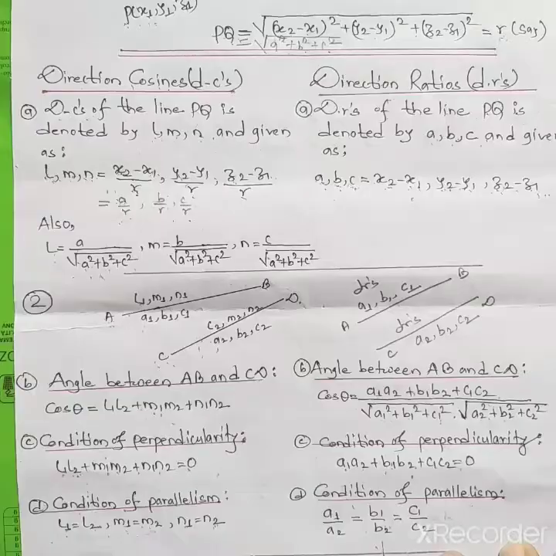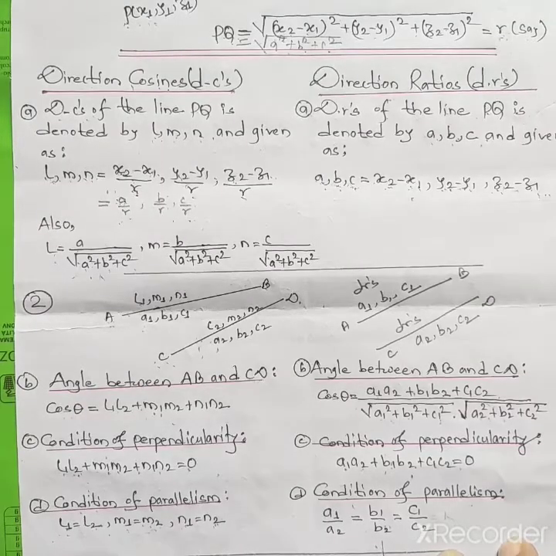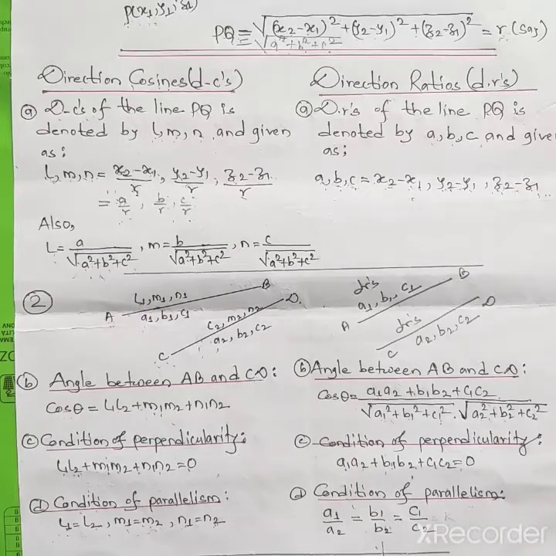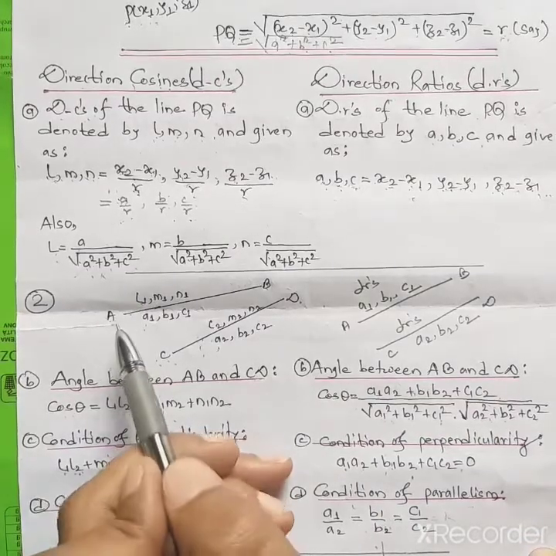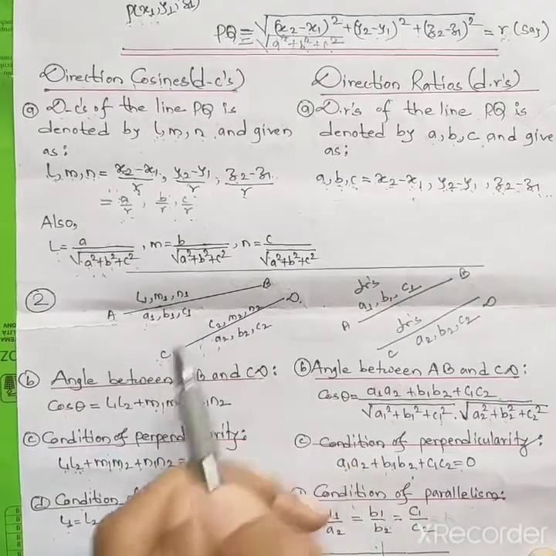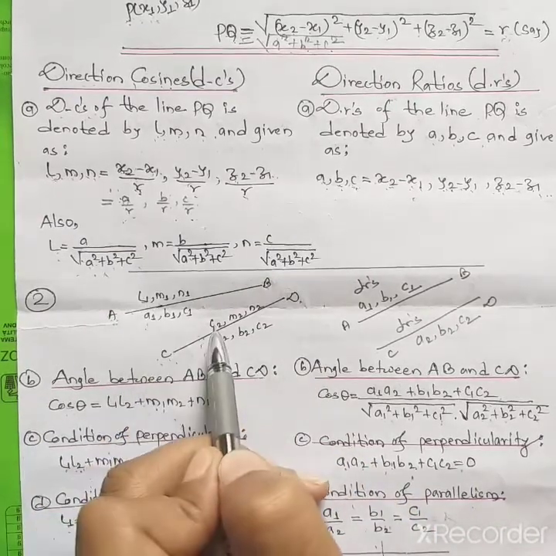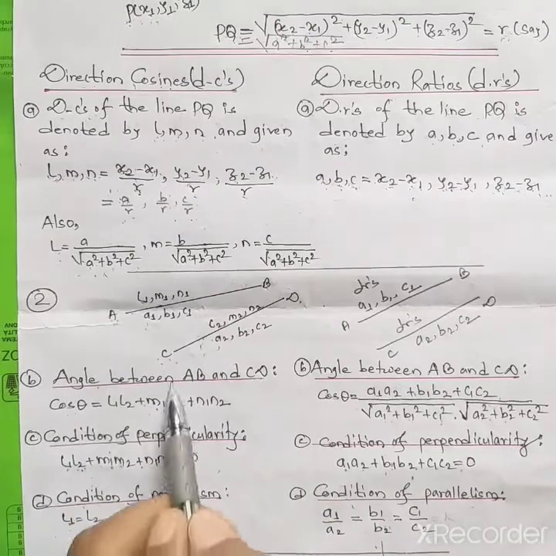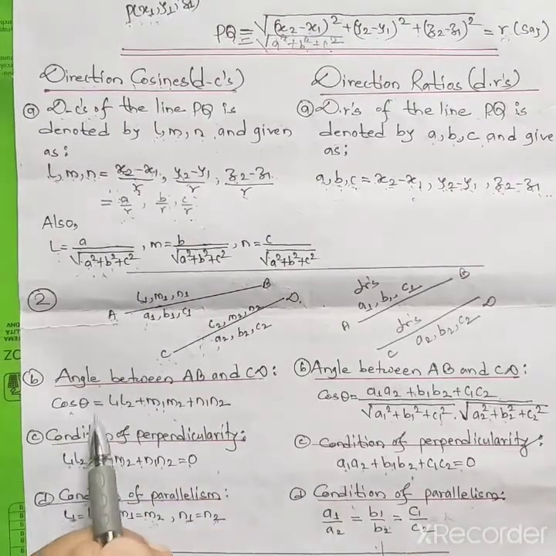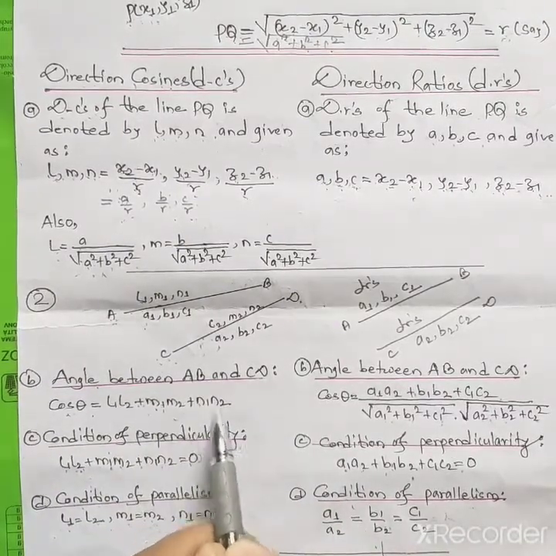Now let us discuss the conditions of perpendicularity and parallelism when the direction ratios and direction cosines of a line are given. Let AB and CD be two given lines. If their direction cosines are known, then the angle between AB and CD is given as cos theta equals l1 l2 plus m1 m2 plus n1 n2.